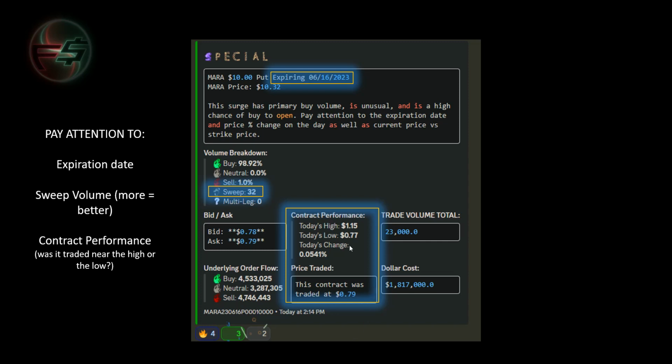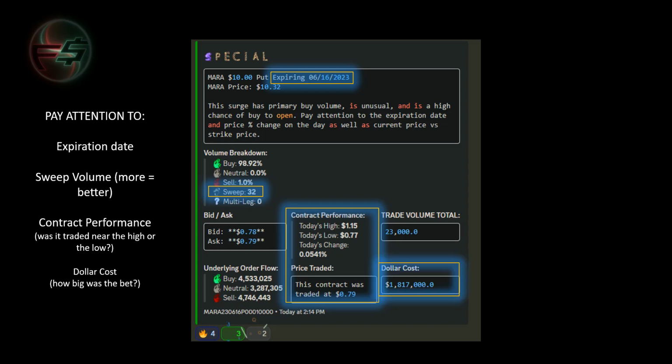Was it traded near the high or near the low? If it's trading near the high, it may be wise to avoid it. Not always, but it's just that common sense layer that you can add on just by thinking a little bit about what makes sense. But in this case, traded near today's low, which is ideal.